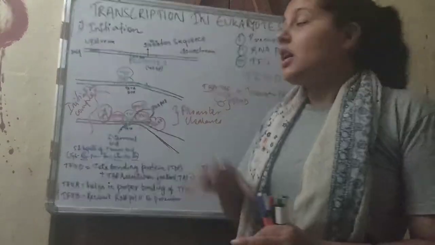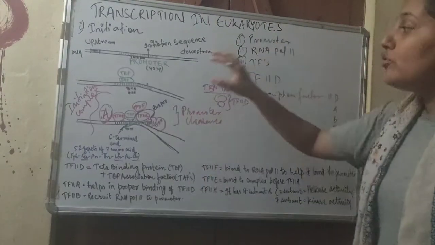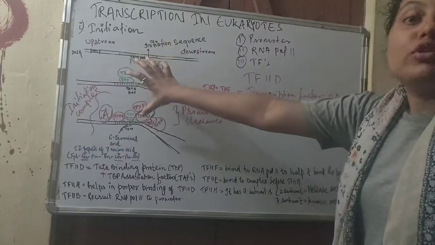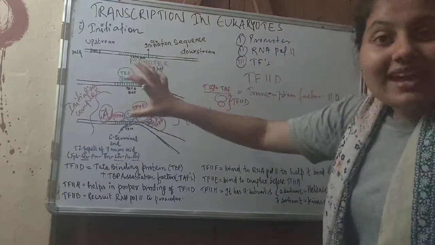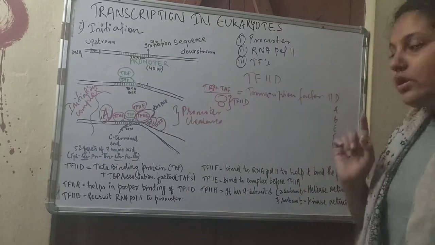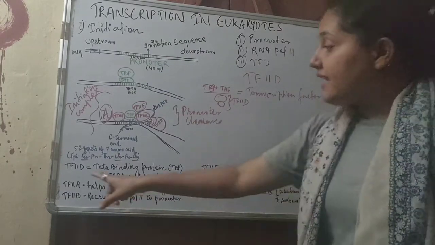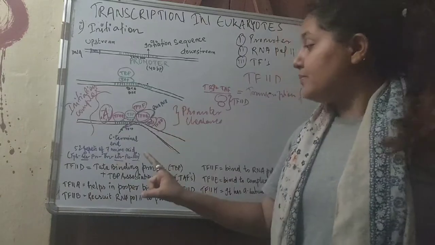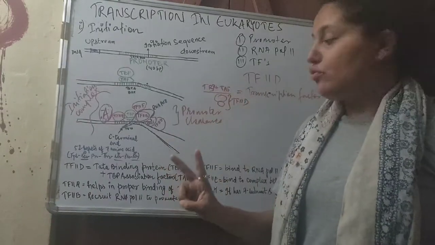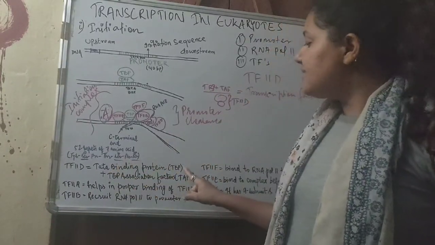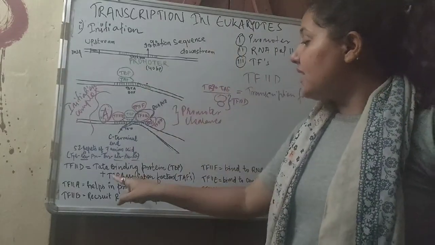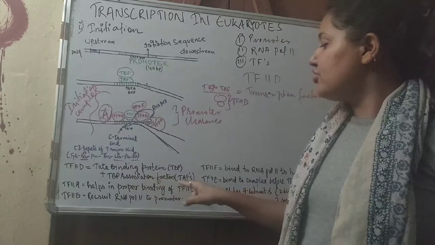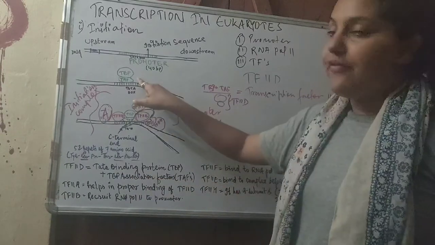The first transcription factor which will come and bind to the promoter region at the TATA box site is TFIID. TFIID is made up of two subunits: one is TATA binding protein, TBP, and the other is TATA binding protein associated factor, TAF.